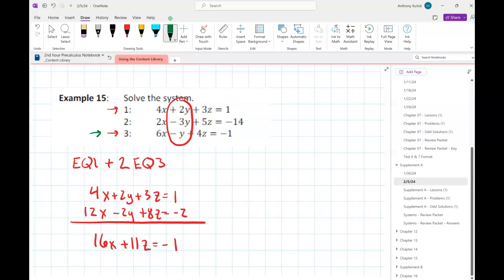Next, I'm going to use equation 3 to eliminate the y's from equation 2. What do I need the coefficient for the y in equation 3 to be to eliminate the y's from equation 2?